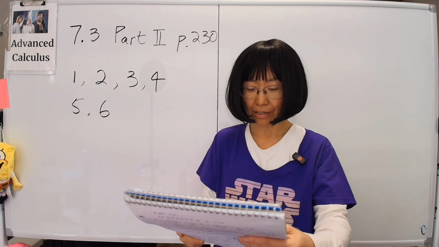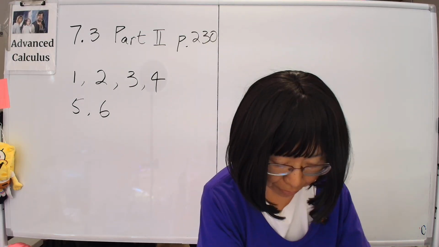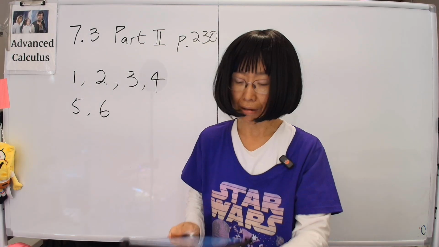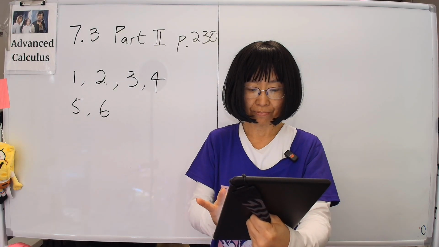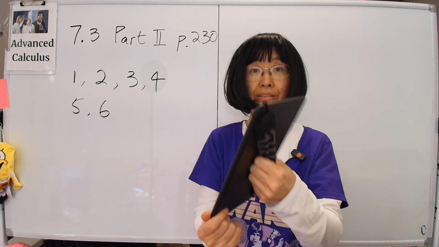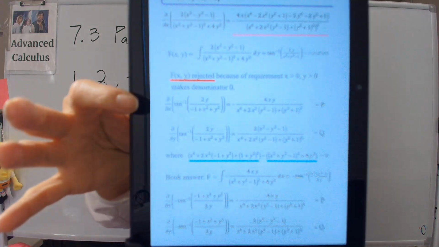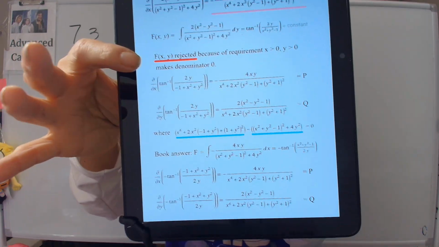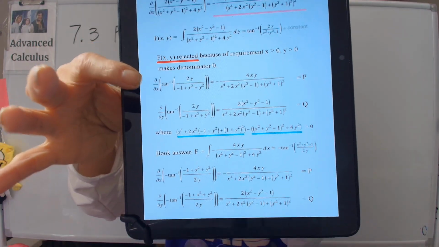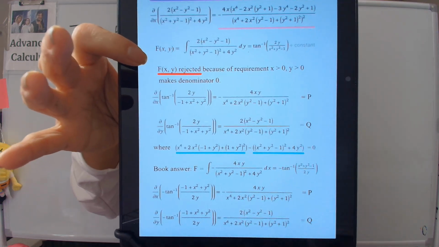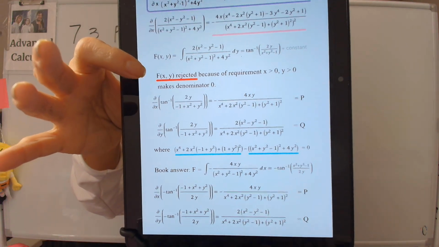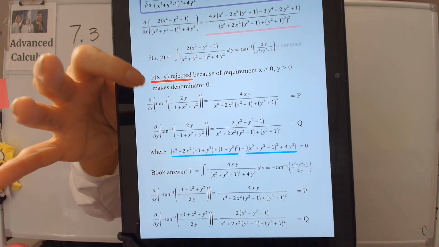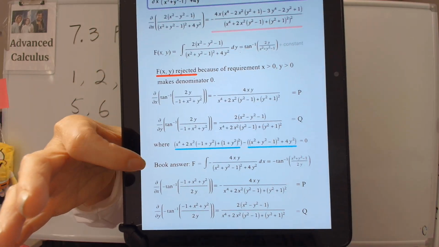So taking the antiderivative with respect to x or y can come up with two slightly different answers, which might both work depending on the domain. Okay, because on a different domain we might prefer this answer instead. But in our particular domain, where we require x bigger than 0, y bigger than 0, this option will be rejected, whereas this option is accepted.